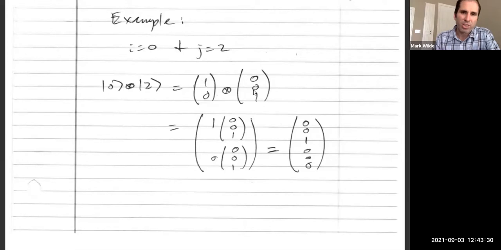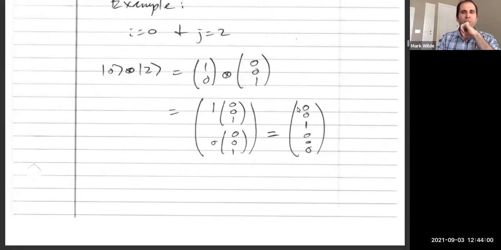So I take this and place it next to the 1, I take this and place it next to the 0, and then multiply entry-wise: 1 times all the entries, 0 times all the entries. Then I get this vector. And so that's a way you can have a vector representation of the tensor product in the standard basis.